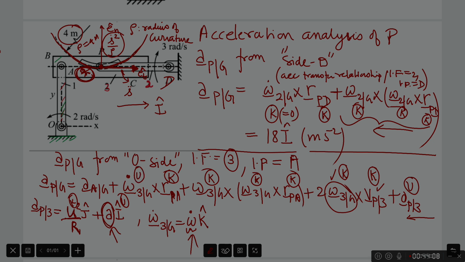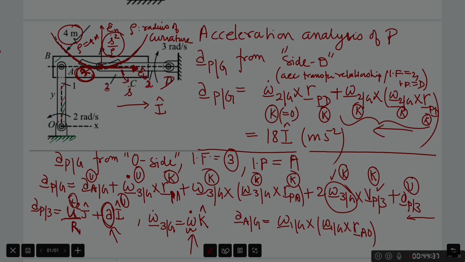And then I come to AAG. Is AAG known? No, it is not known. It is an unknown. But can I find AAG? Yes, I can find AAG. Based on the given information, AAG will be omega 1g cross omega 1g cross RAO.